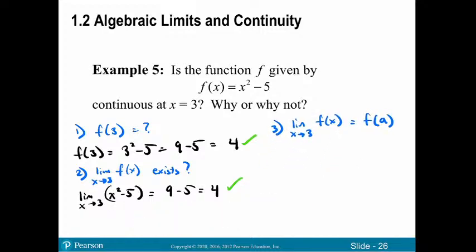Okay. So then the limit as x approaches 3 of f of x. So then basically, long story short, 4 equals 4. And we're good to go there. All right. So then we say, is this function continuous at x equals 3? We would say yes, because it satisfies these 3 conditions. So we would say yes.